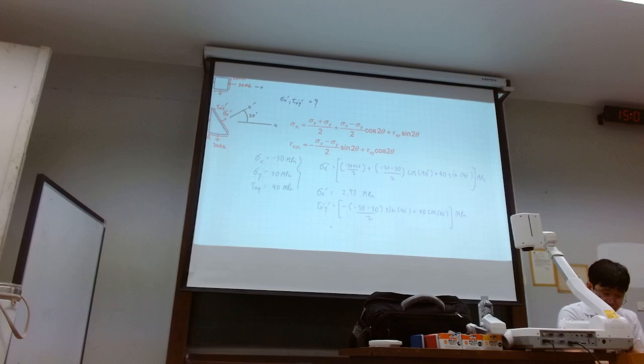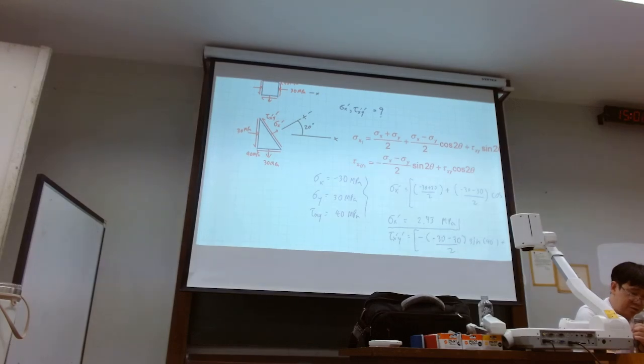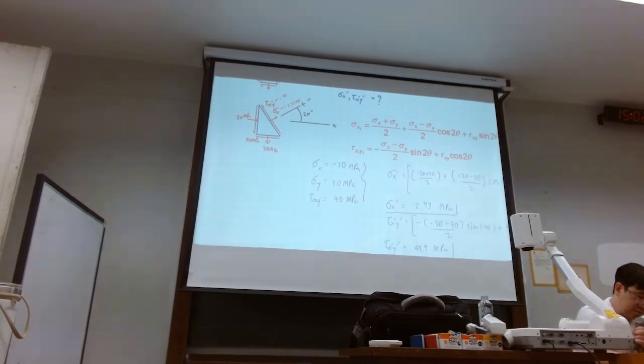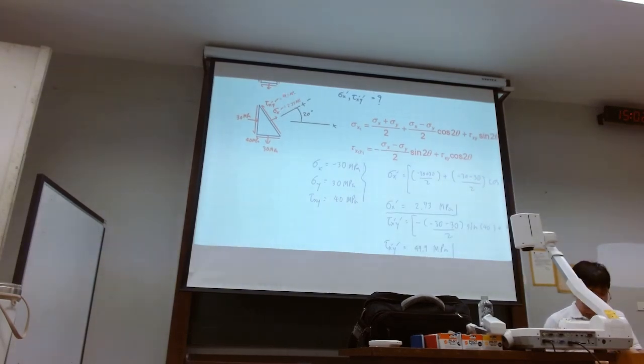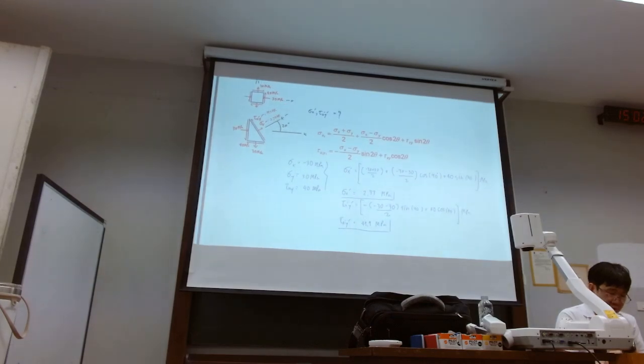So this is 49.9 MPa. Tau x prime y prime, simple substitution, you just put those values in there. Sigma x prime is 2.73 MPa, and tau x prime y prime is going to be 49.9 MPa. Quite straightforward, right?